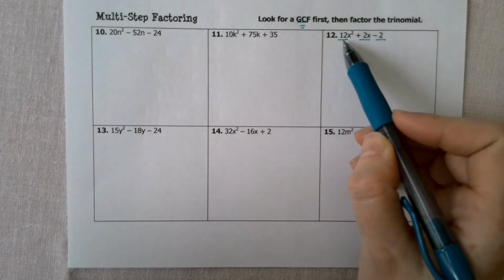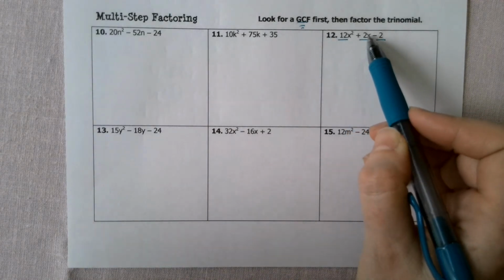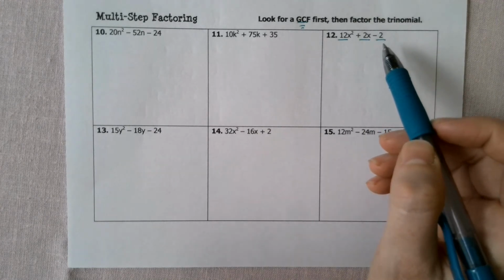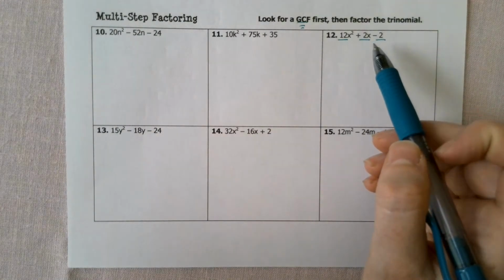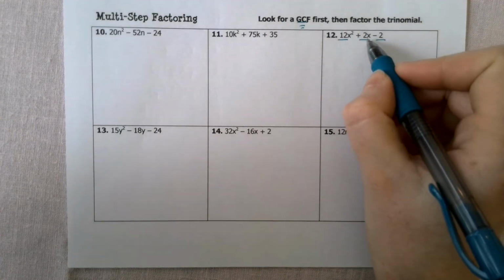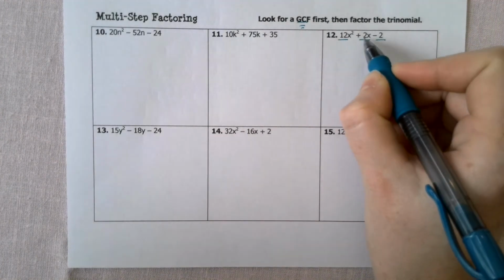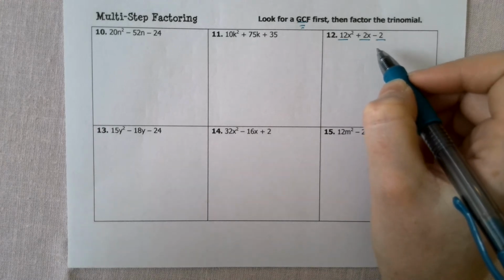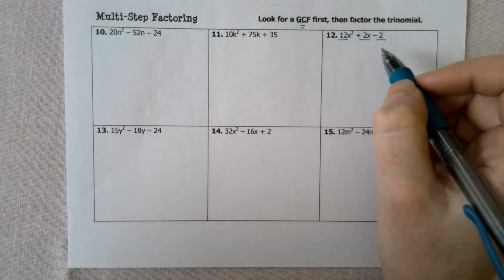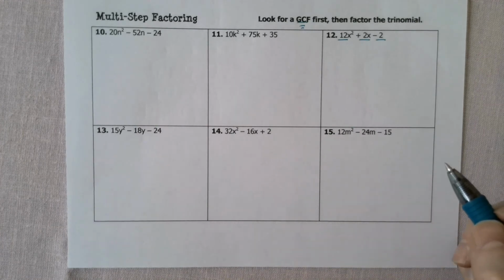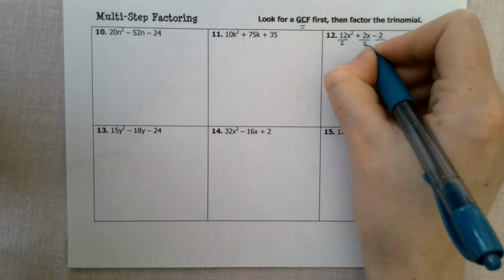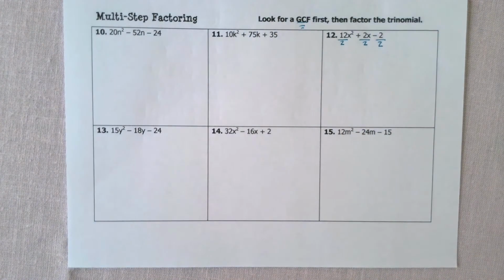We can definitely divide 12 by 2. We can definitely divide 2 by 2, and same over here. And that's going to be our greatest common factor because of these numbers right here. We cannot divide 2 by anything larger than 2 because otherwise it becomes a fraction and that's not helpful. So we are going to divide everything by 2.